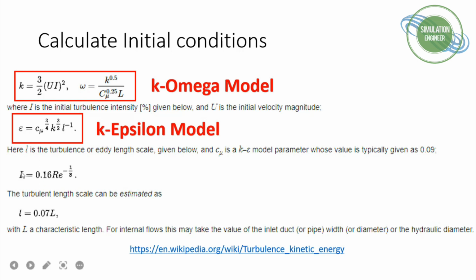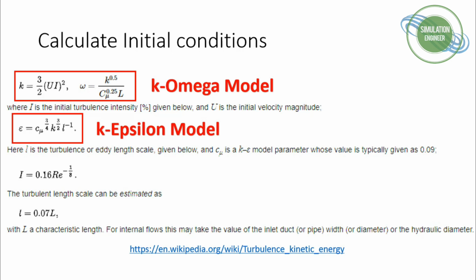And this capital I, which is used here in the turbulent kinetic energy, is the turbulent intensity. As mentioned here, capital L is a characteristic length scale. If you are using a pipe flow or internal flow, it could be your hydraulic diameter. If you are using a car, a ship, an aircraft, or an airfoil or wing, it will be the length or chord length of your airfoil.